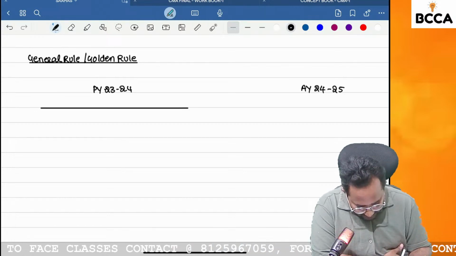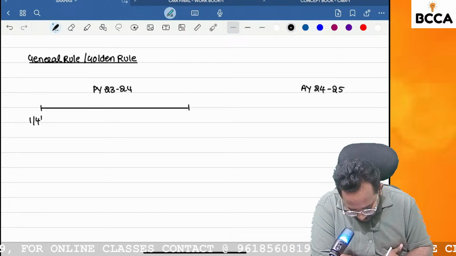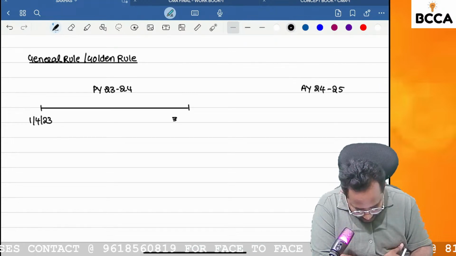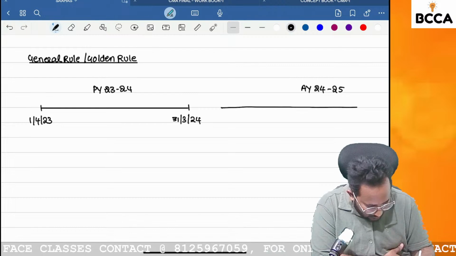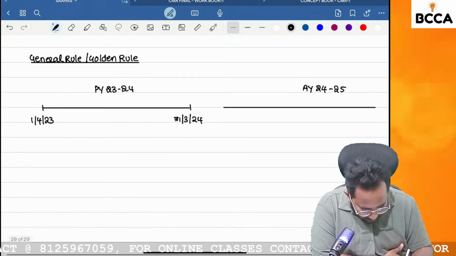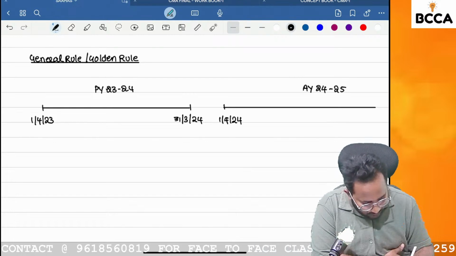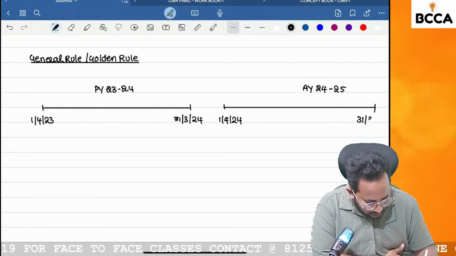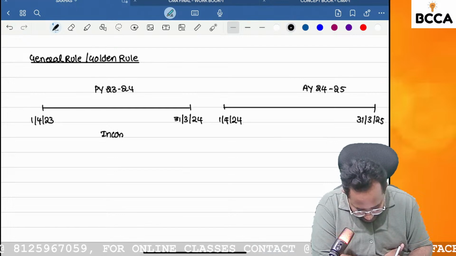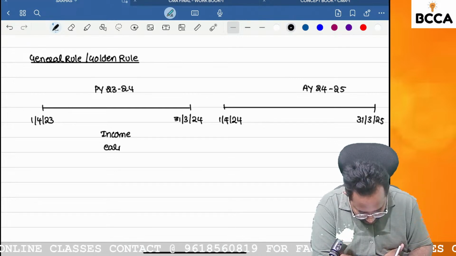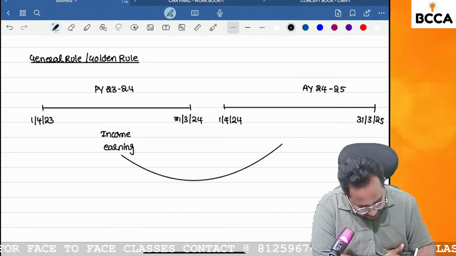Can you tell me the previous year starting date and ending date? 1/4/2023 to 31st March 2024. Next, assessment year: 1/4/2024 to 31st March 2025. If you have earned any income during the previous year, on that income we have to pay the tax in which year?